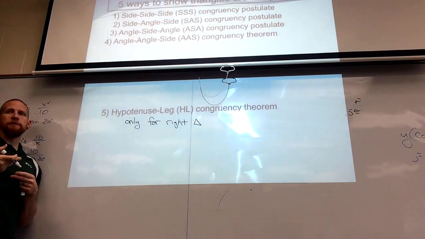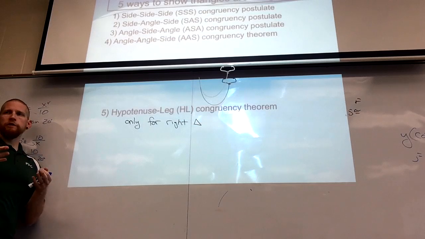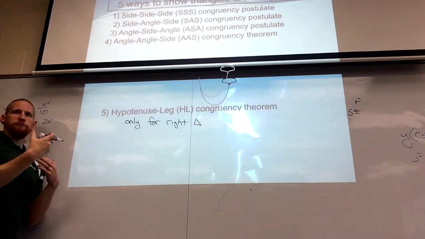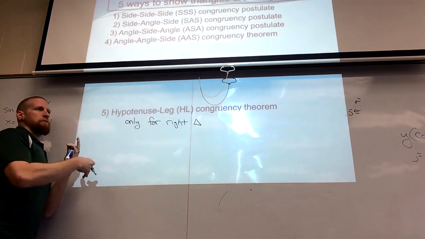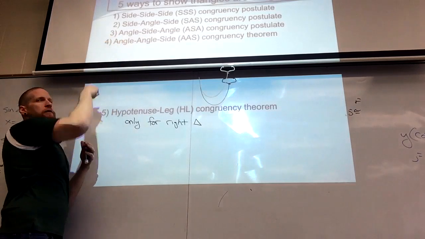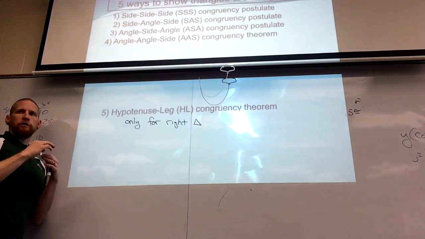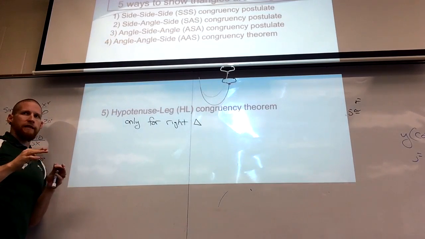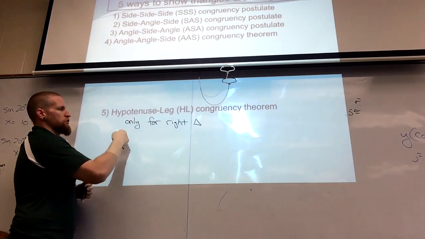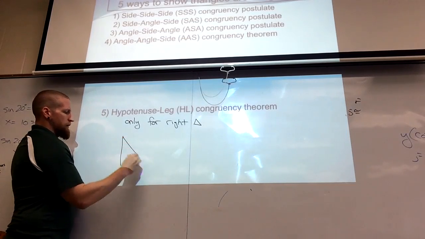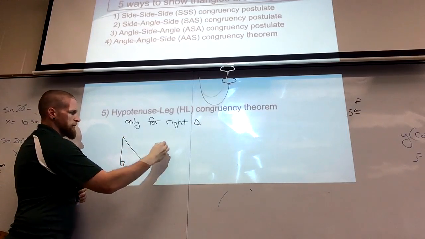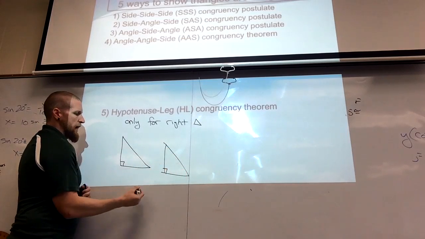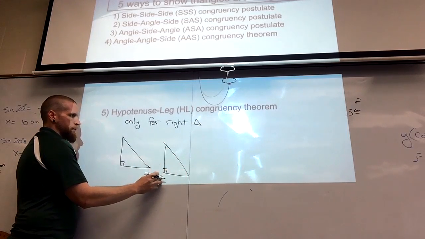Okay, but that doesn't mean if I'm working with a picture and I see a right triangle that I default back to this. The other way is these four up there, that's the things that work all the time. They will work with any type of triangle. This one's only for right triangles. And the way you would have to see it marked is you would have to have the right angle there.